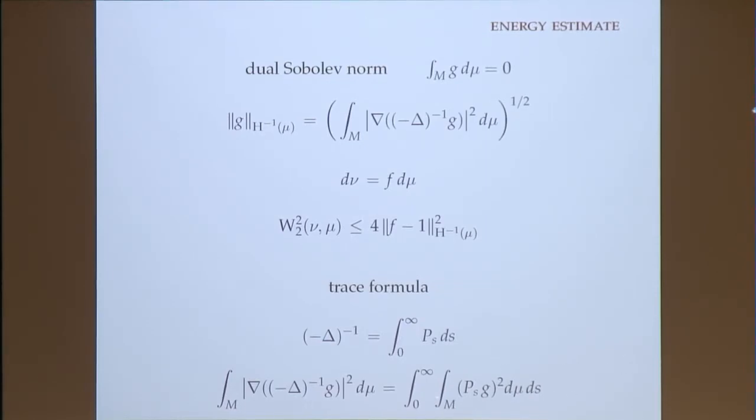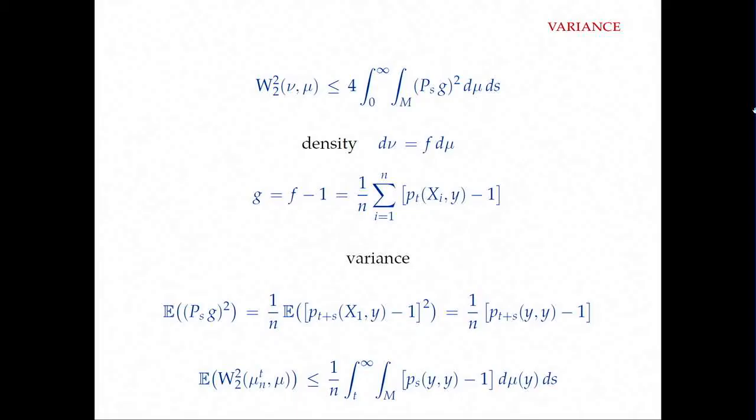Namely, you integrate PsG, where G is f minus 1 as before, you take the integral of PsG with respect to mu, and then you integrate in time. Since you are in L2, you just use integration by parts and you end up with this. So the conclusion is that you are able to bound the Kantorovich metric W2 by this quantity.